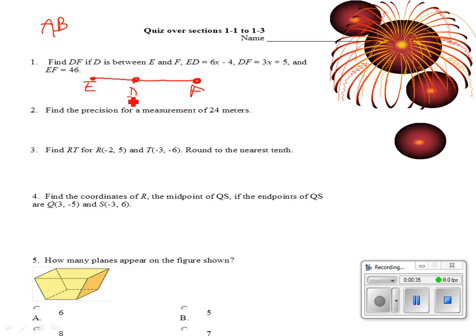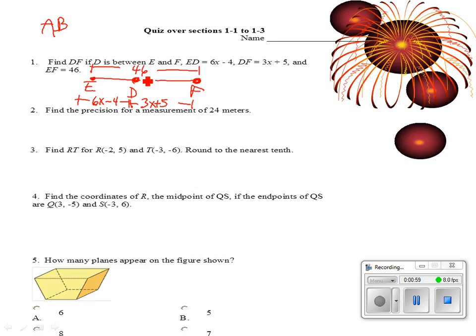ED, so from E to D is 6x minus 4. So we mark that. D to F is 3x plus 5. And the whole thing, EF, is 46.